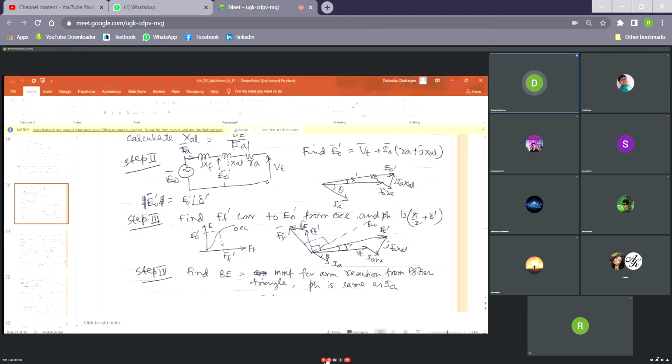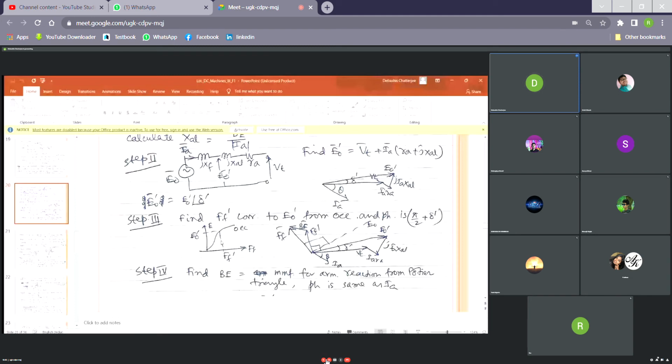But actually there are other methods also. Now the ASA method, consult your books or I can explain. It's similar, but it considers some saturation effect. So I think if you don't understand it, I can discuss here. Otherwise, to cut short the thing, this is enough actually. After this, the Potier triangle method is fairly accurate. Here you can accurately calculate the leakage reactance effect, and then the armature reaction effect, and then calculate the voltage regulation to a very high accuracy.